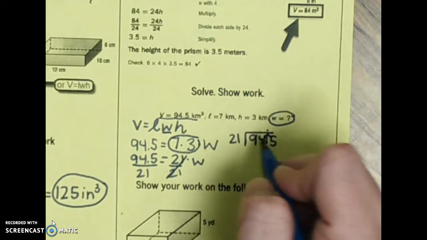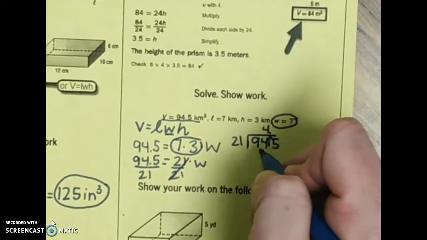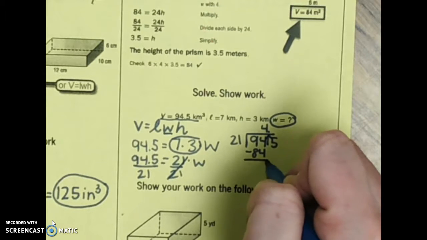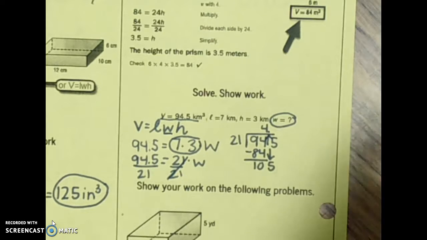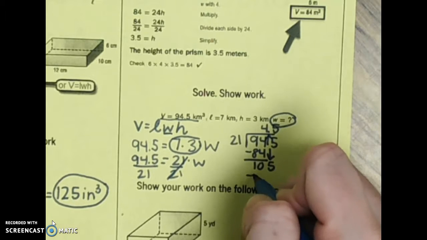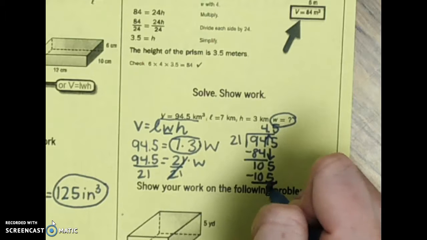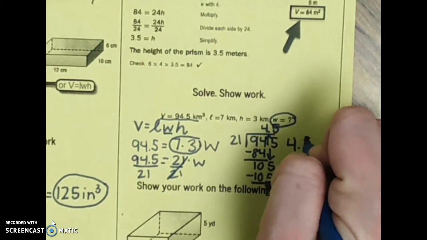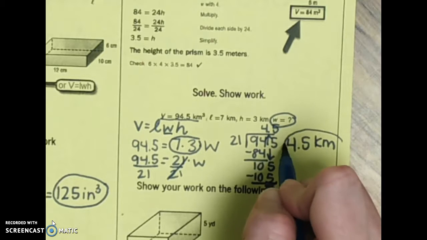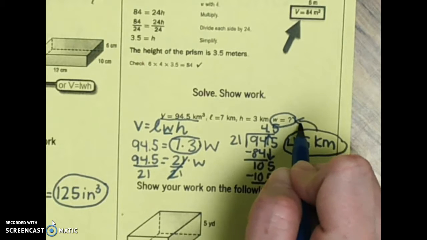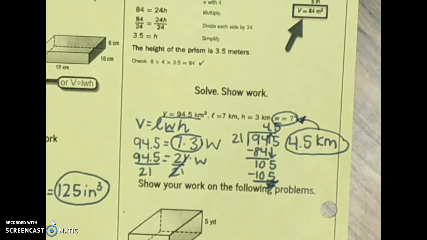Decimal moves up. 21 goes into 94 4 times because that's 84. Bring down our 5. 21 goes in 105 5 times because that is 105. So our answer is 4.5 kilometers. We are not cubing this because we are just finding W and not the volume.